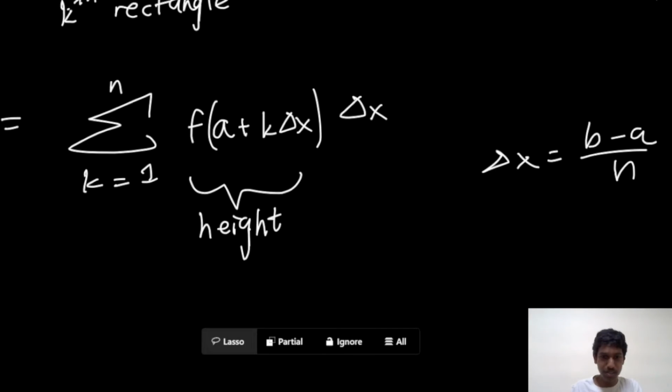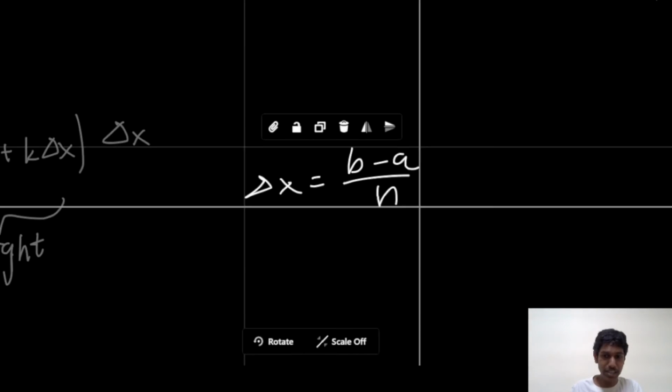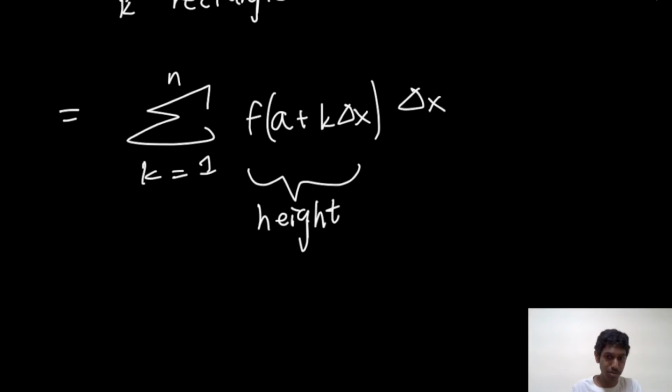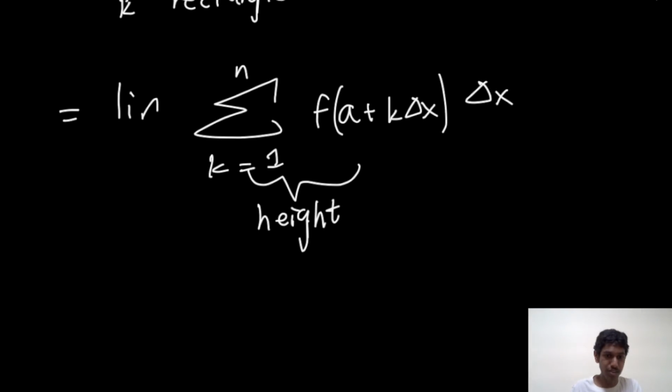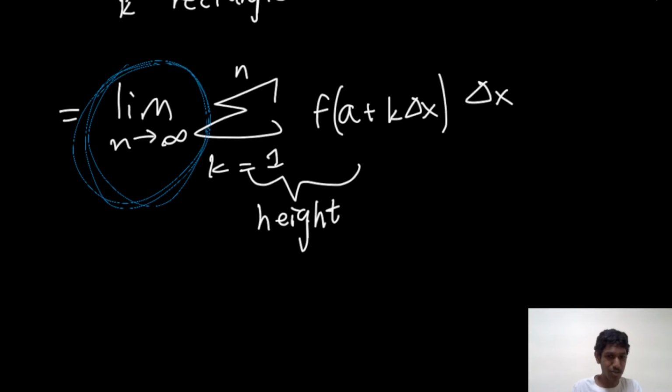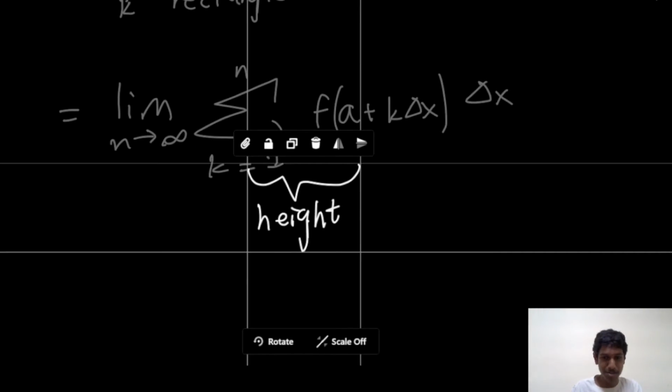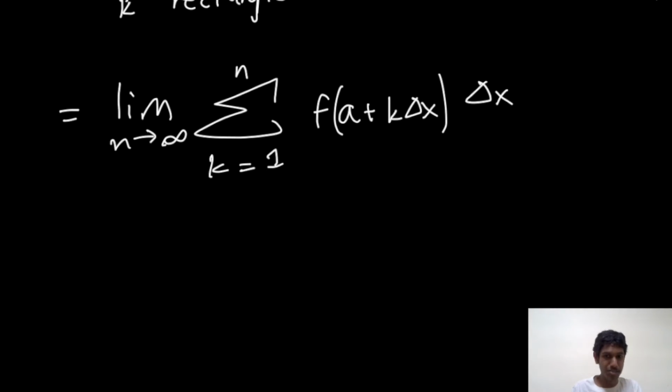But let's take it one step further. We know that large values of n will give us a good approximation. Well, why not just go infinitely large, right? So this is really the key here of this whole thing. This is where calculus really sort of makes its mark, so to speak.